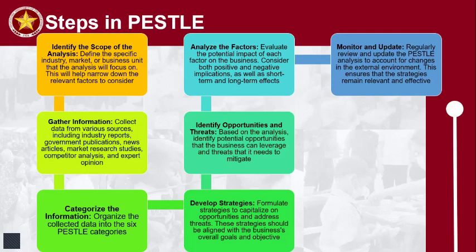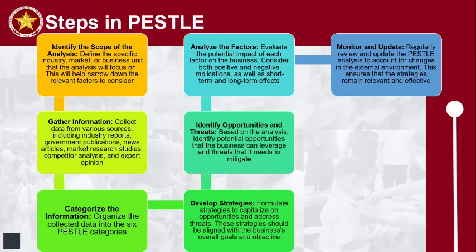So once they are already identified, we develop strategies. We formulate strategies to capitalize on opportunities and address threats. The strategies should be aligned with the business or the organization's overall goals and objectives.